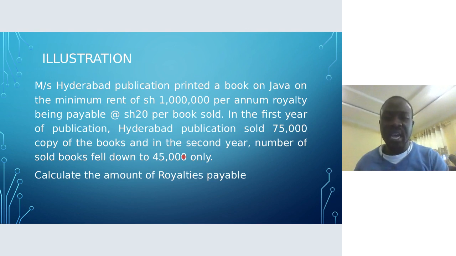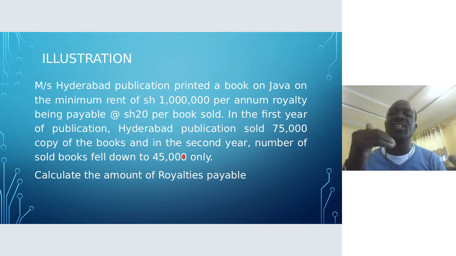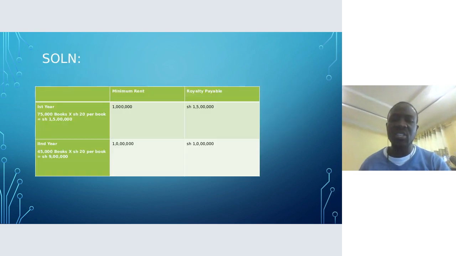In this case, there is a short working of 1 million minus 900,000, which is 100,000. That is illustrated in the solution that we have here.